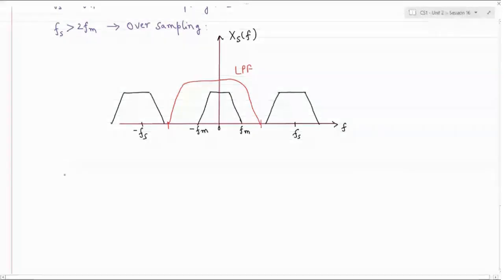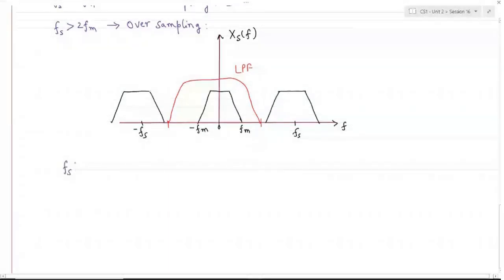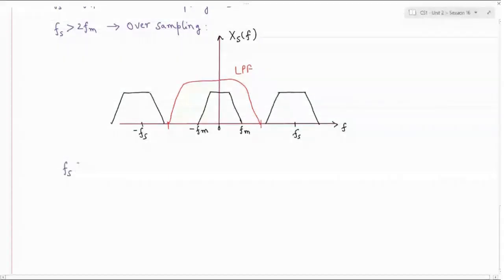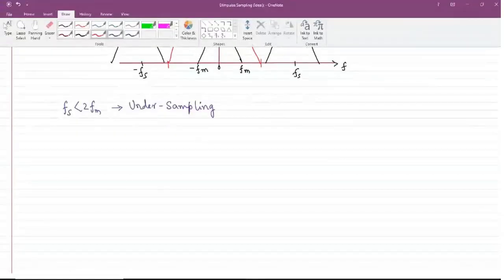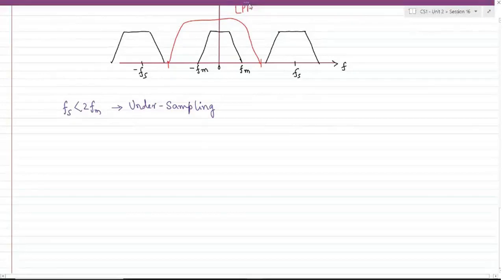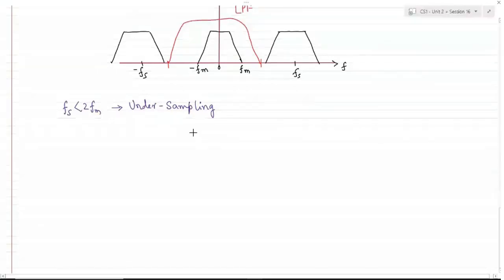Similarly, you can think of what would happen if fs is less than 2 fm. This is the case with undersampling. Can anybody guess what will happen with undersampling?